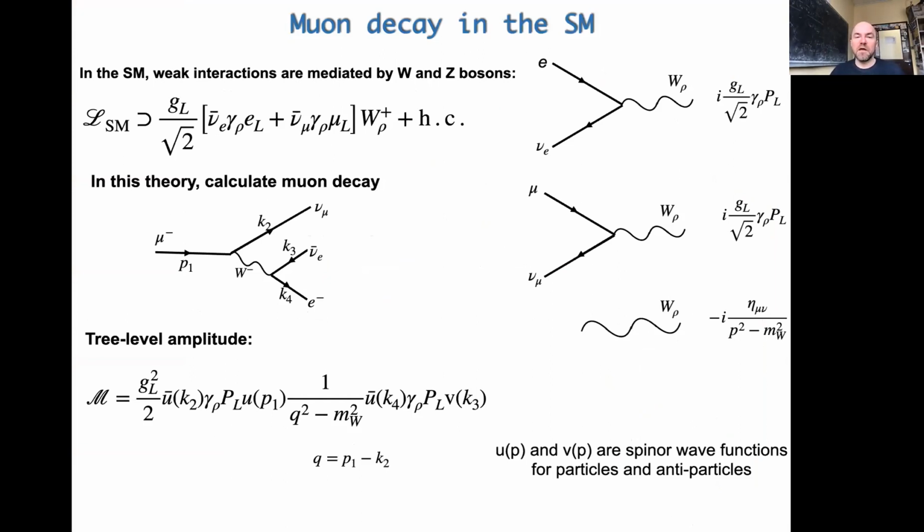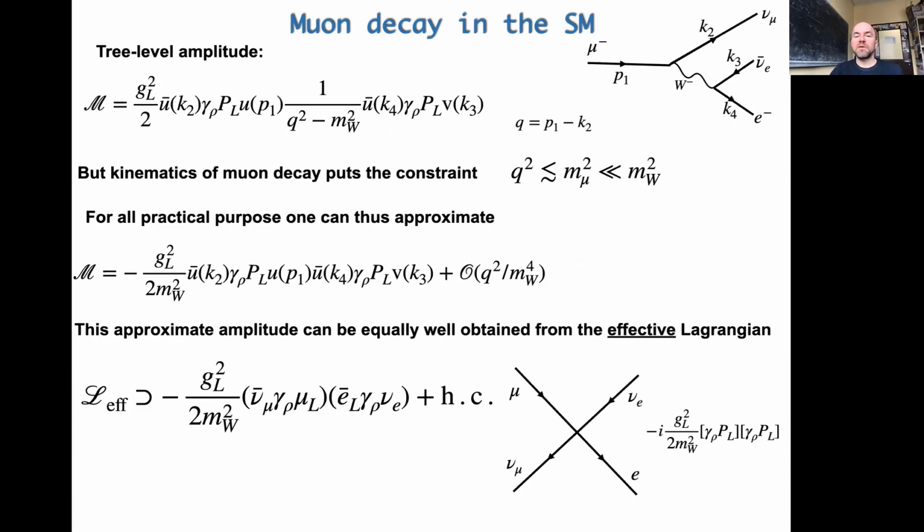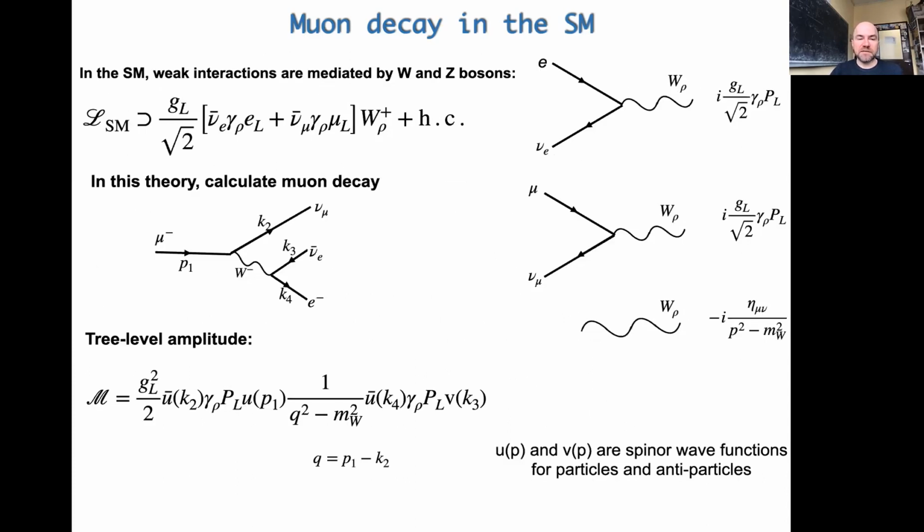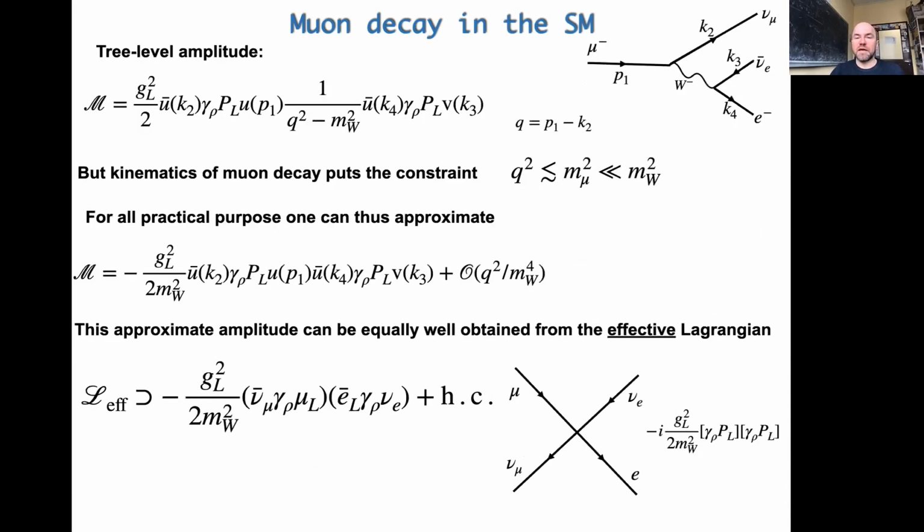In the standard model or in the SMEFT, we have the W boson and so on. But for example, if we are discussing muon decay, the muon has a mass of about 100 MeV, and the momentum transfer in this diagram is of the order of the muon mass, much smaller than the W boson mass.